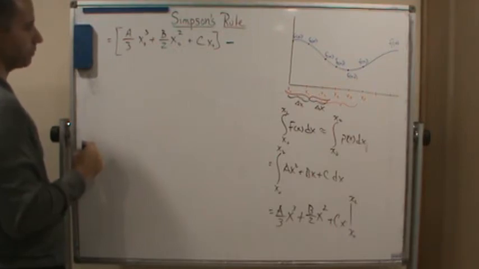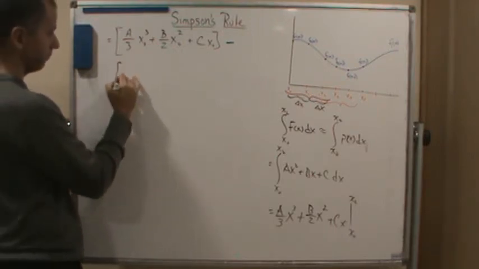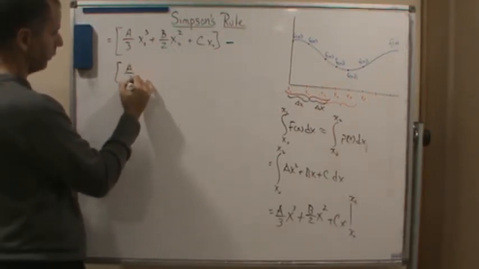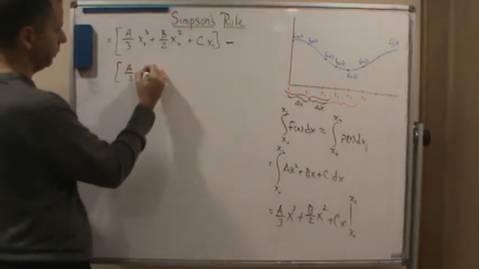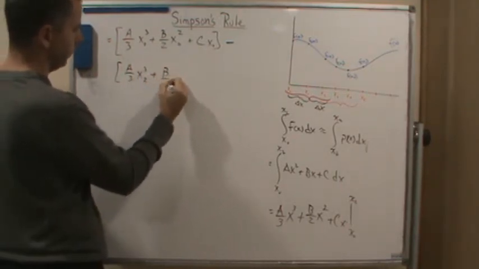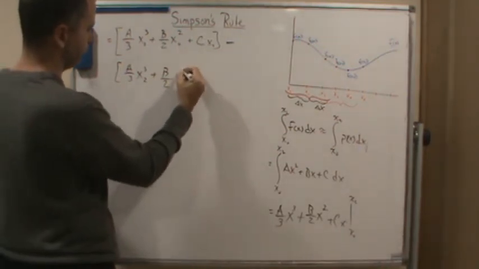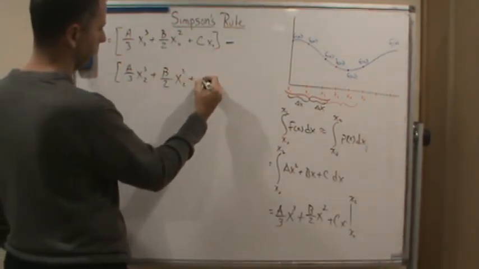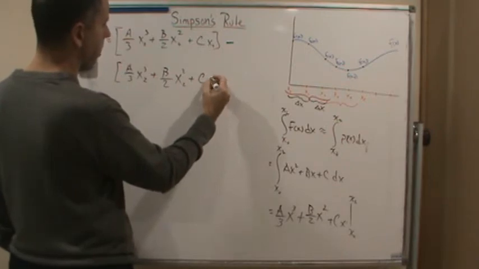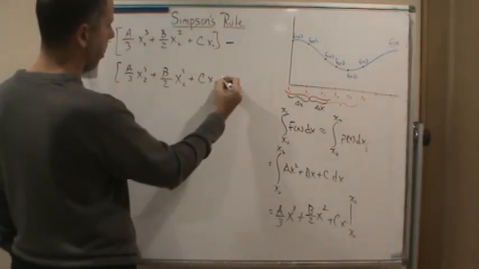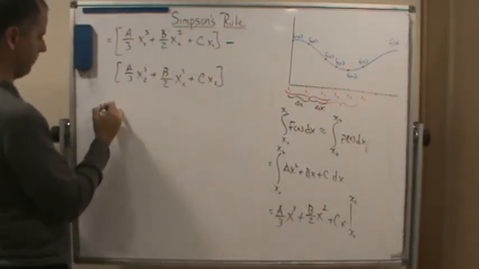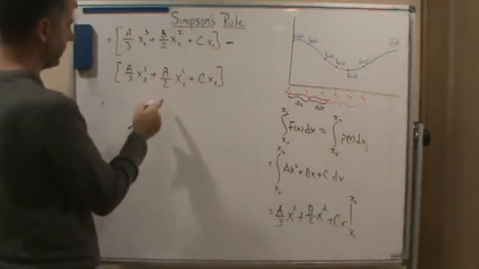minus a over 3 x2 cubed. So basically everything evaluated at x sub 2. And so if we subtract everything, what do we get?